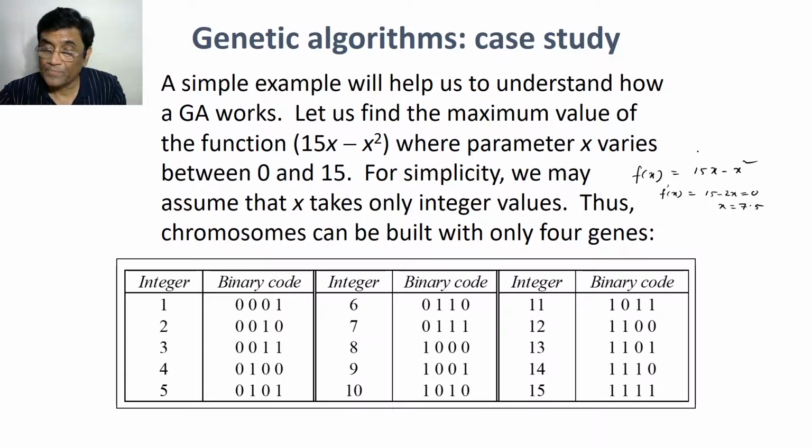So this is my function, which you can call fitness function also, and x lies between 0 and 15. Okay? So first problem is in genetic algorithm you will have to codify. So how many chromosomes you will have to design, and for codification, this is very interesting.